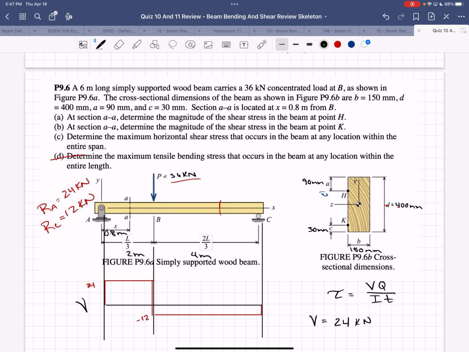Then we have to know Q for H. So I draw a line through this. What is Y bar?